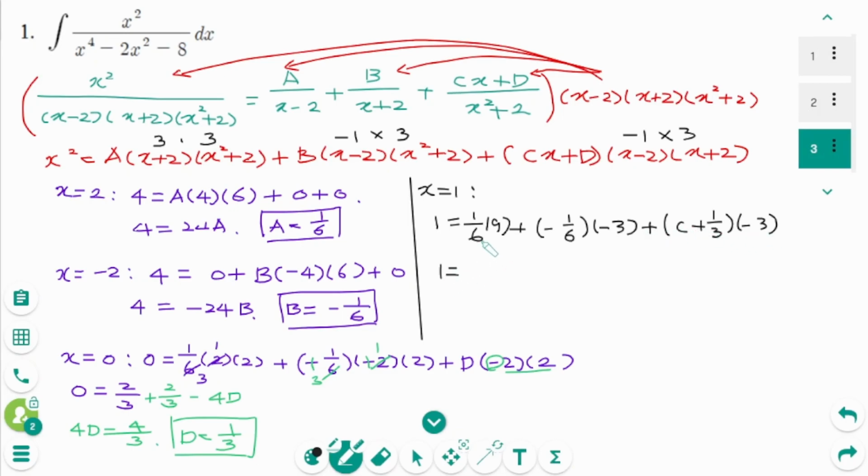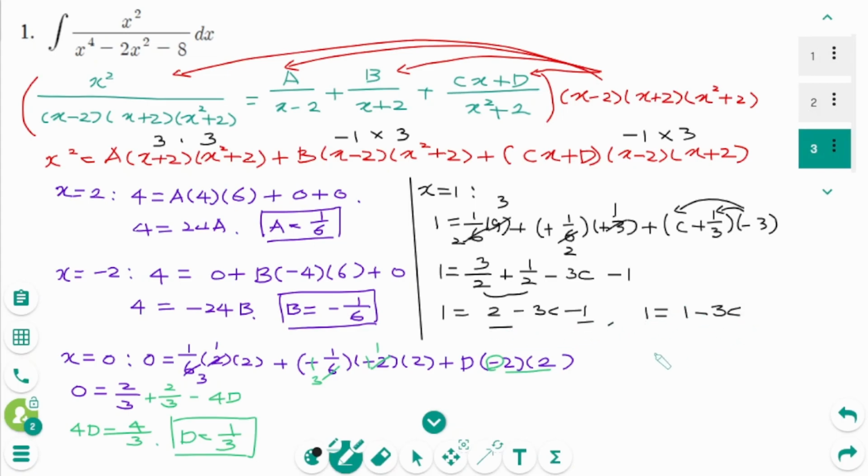Then 1 equals 9 over 6, which is 3 over 2, make positive, plus 1 over 2, then minus 3c, minus 1, then 1 equals 4 over 2, which is 2 minus 3c minus 1, then 1 equals 1 minus 3c, that means 3c equals 0, so c equals 0.